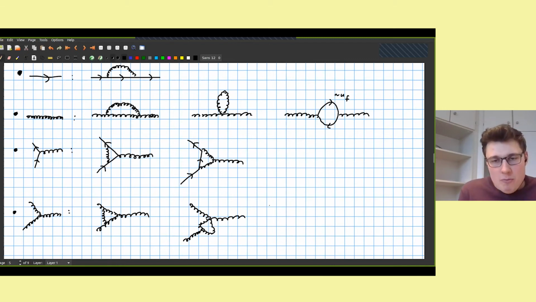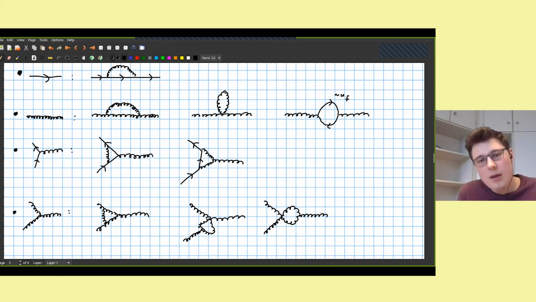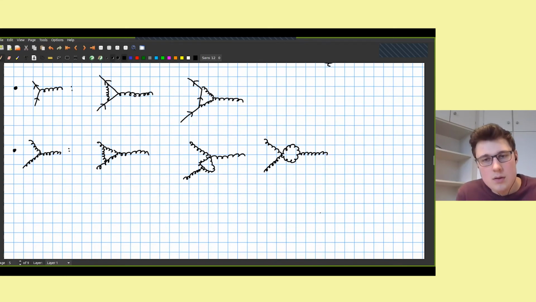And of course, we could do the same, just rotate it by 120 degrees and 240 degrees, 135, of course, 135.